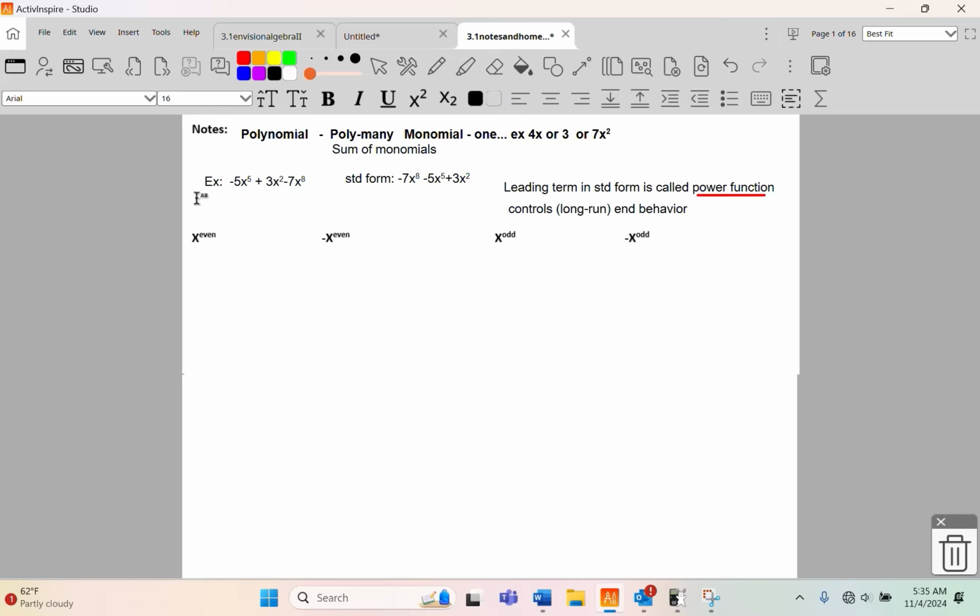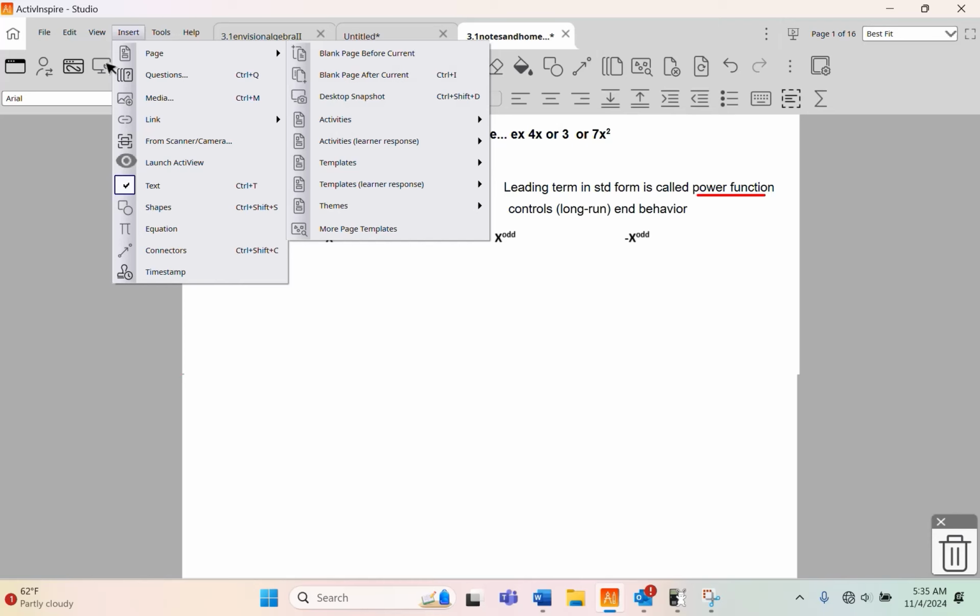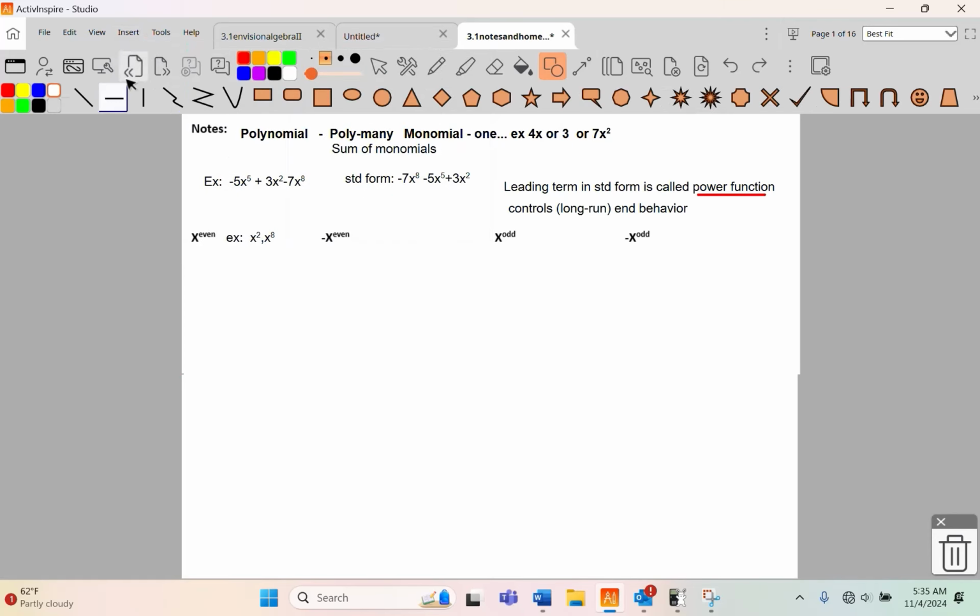You have x to the even. An example of x to the even might be something like x to the second or x to the fourth. And notice it's a positive x to the even. Maybe x to the eighth is an example. And x to the even is going to start high and stay high. Most of you already have this memorized. There's a handful of you that do not, but most of you already have this memorized.